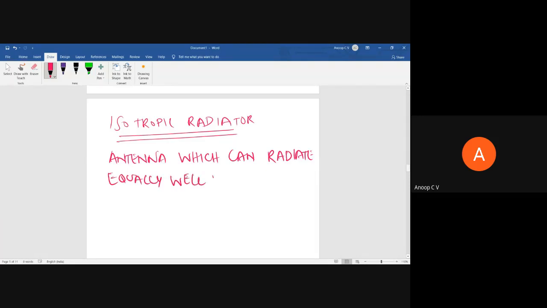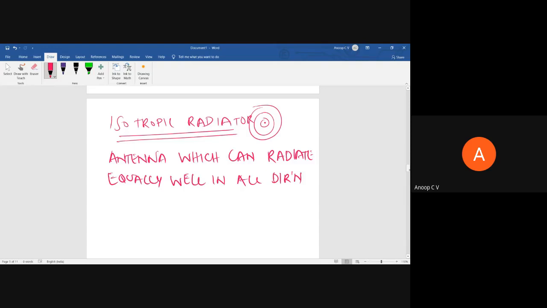That is an isotropic radiator. So it's like a point source. If there is a point illuminating source, it will radiate equally well in all directions.